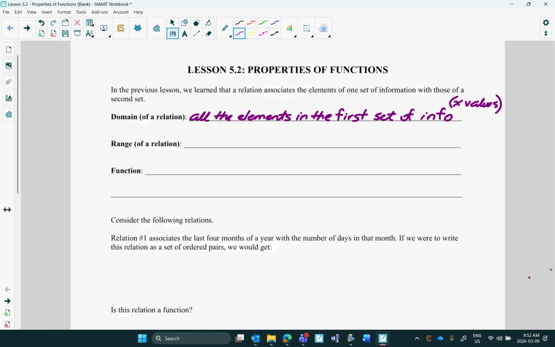If I showed it to you as a table, the domain would be all the words or numbers in the first column. If I showed it to you as a graph, the domain would be all the words or numbers on the horizontal axis. The range would be all the elements in the second.